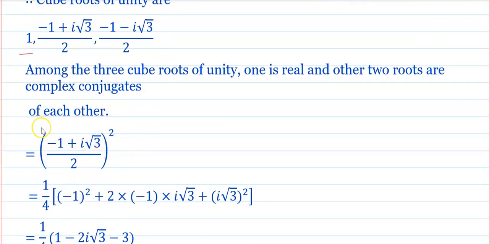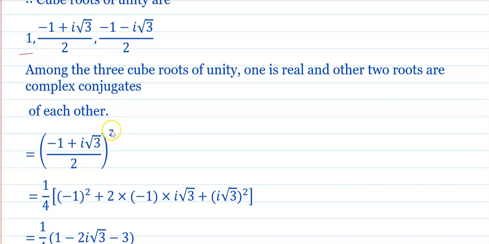Okay. Therefore, if we square this minus 1 plus I root 3 upon 2, then you will get the next root. Okay. Minus 1 plus I root 3 upon 2 bracket square. याचा जर स्क्वेअर केला तर तुम्हाला दुसरा रूट मिळेल इथे.